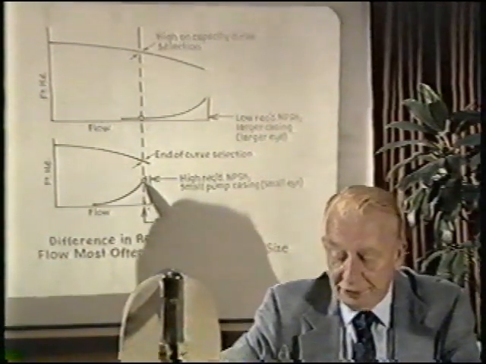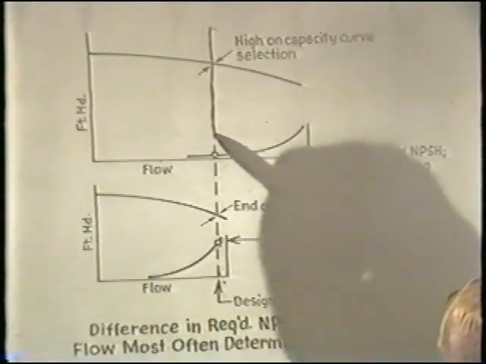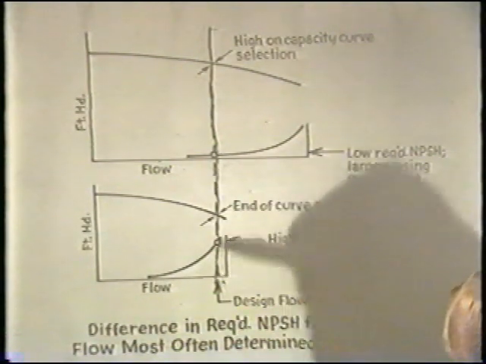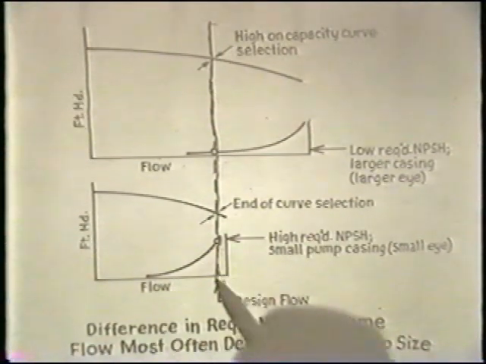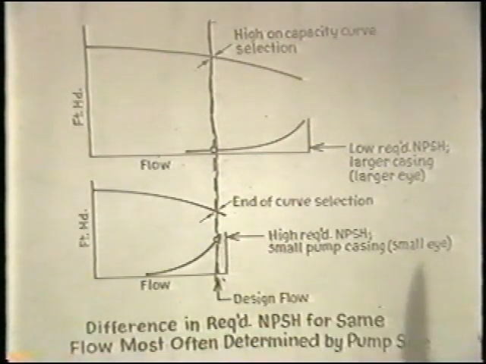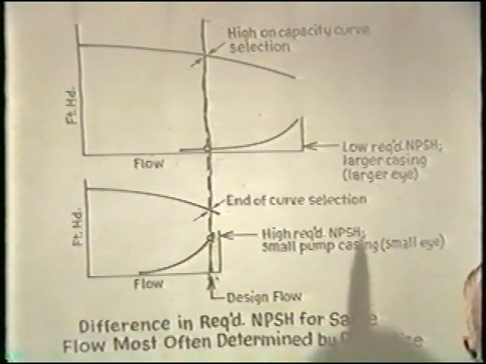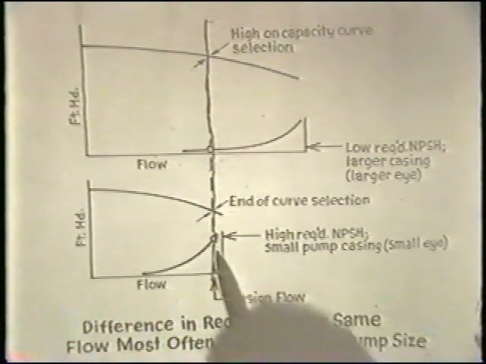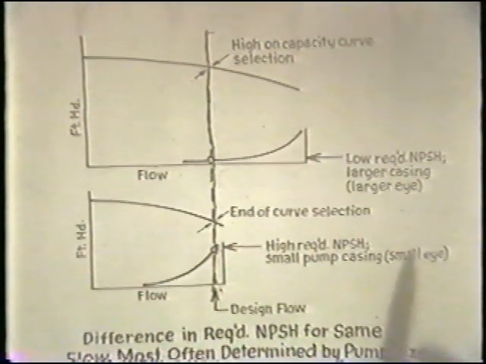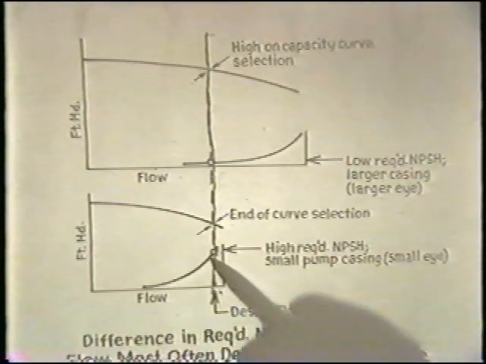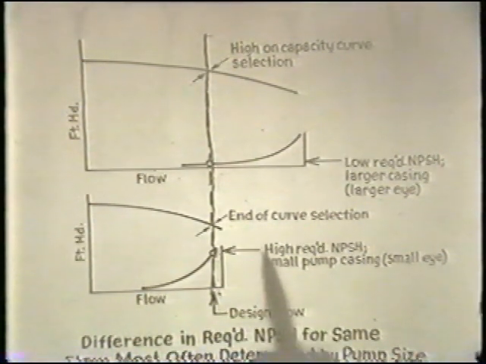That small pump, however, operating at the same flow rate as a pump selected to the mid-area of the curve, will have a much higher required NPSH or pressure drop because the small pump has a smaller eye. Its velocities are much higher then, and we can expect potential troubles for that small pump operating in the system.